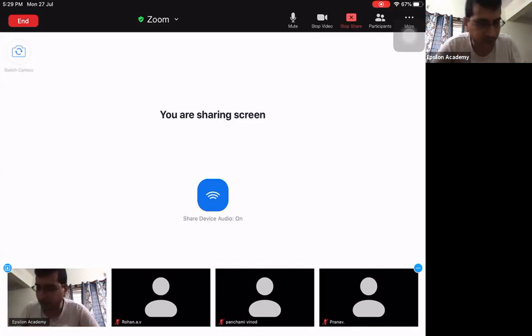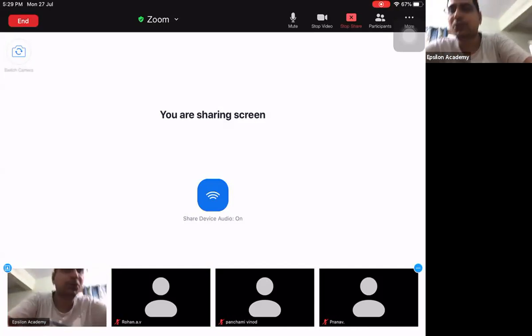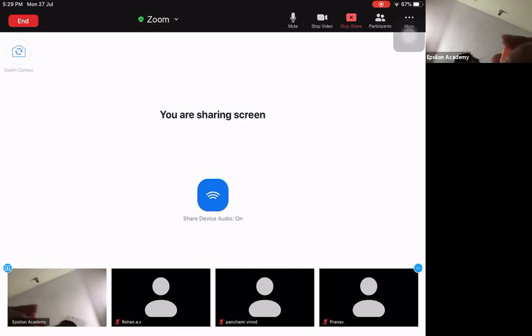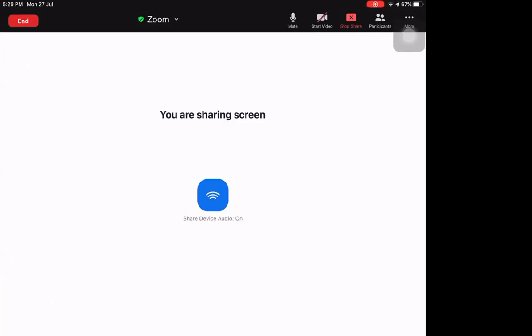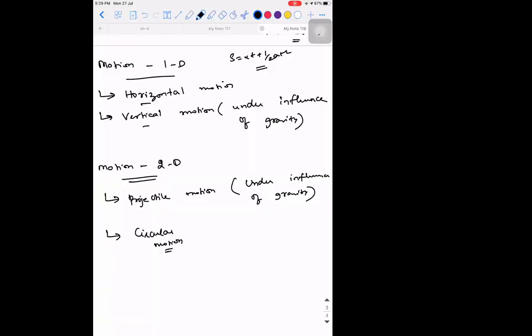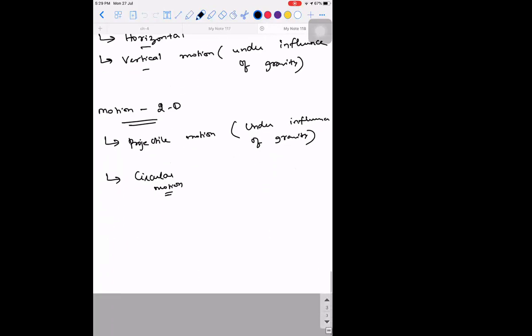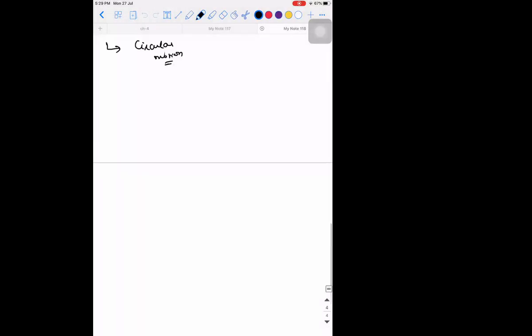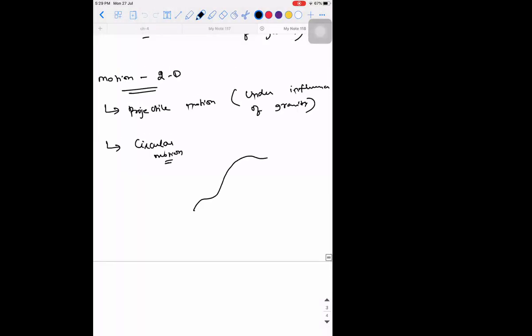The reason I had to stress this much is, I'll tell you where the confusion will start. So concentrate. I'm sharing my screen. So what happens in projectile motion is, one concept that will go into your mind is that the velocity of a particle moving in a curved path, any random shape, is always tangential.